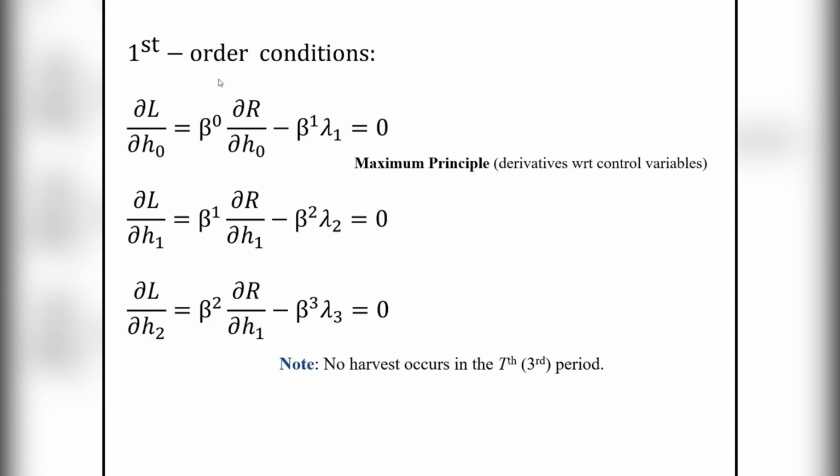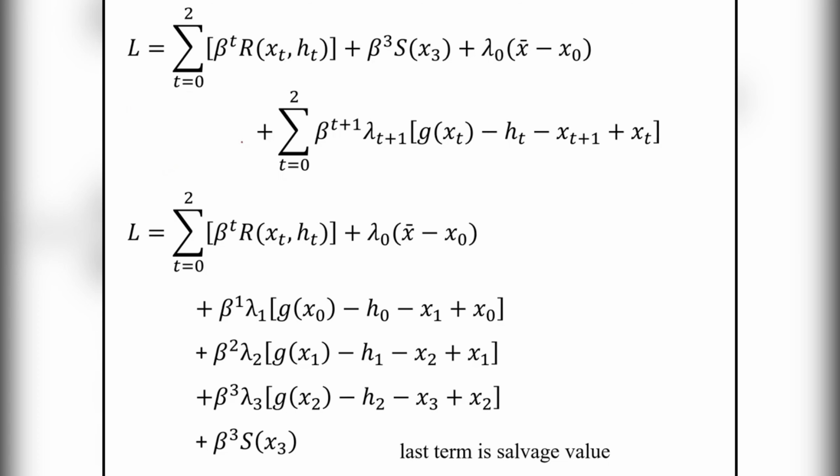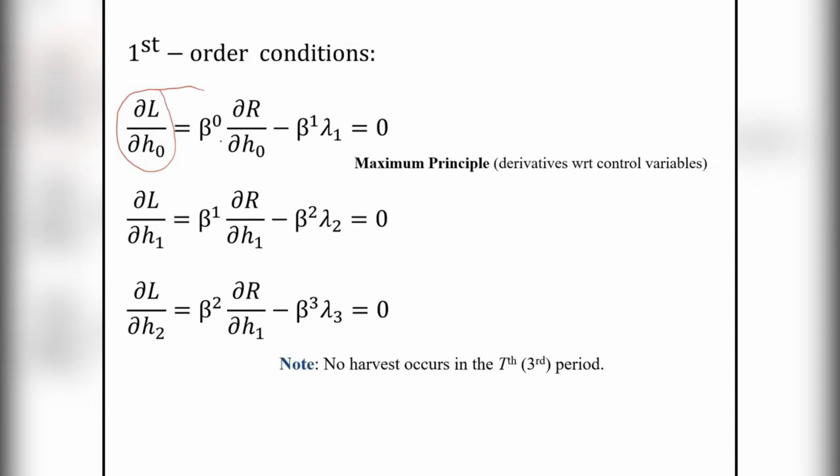The first time period is this one here, where we look at the partial of the Lagrangian with respect to H0, and if we go back one slide, we see that H appears here and it appears here. So it appears twice. So we're going to have that beta 0, which is essentially 1. This is equal to 1.